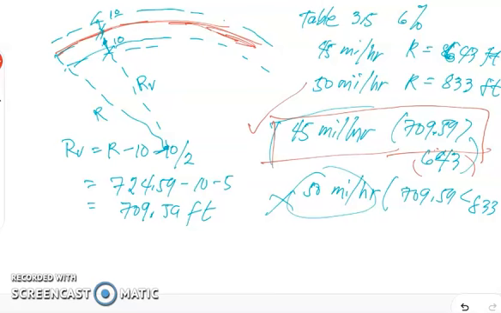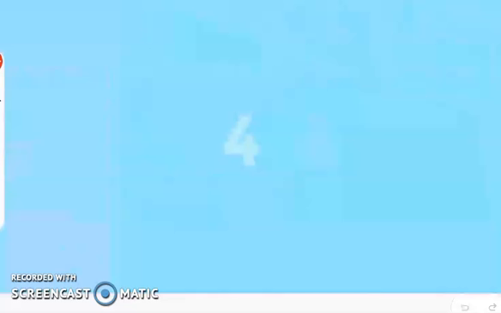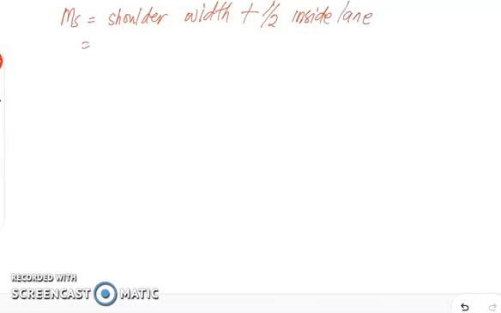So this will be equivalent to 8 plus 10 all over 2, because the shoulder width is 8 and the inside lane is 10, so we're going to have half of that. So this gives us 13 feet.